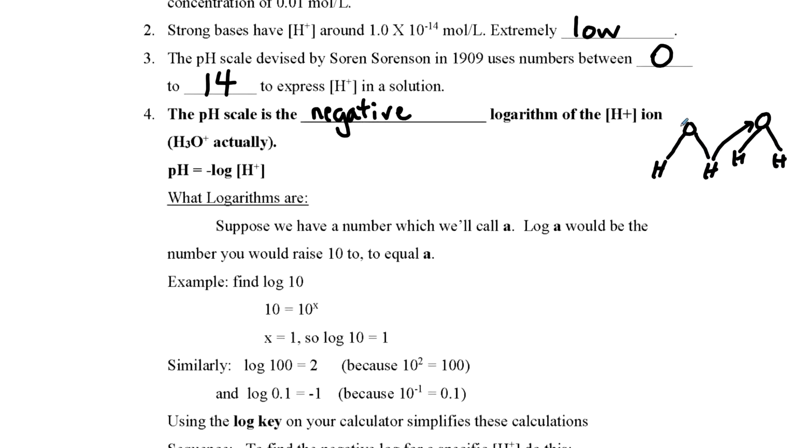But we replace this H3O plus and just call it the H plus ion for simplicity. So here's the calculation: pH equals the negative log of the hydrogen ion concentration.